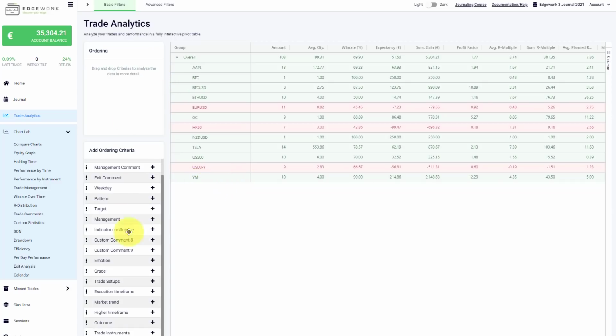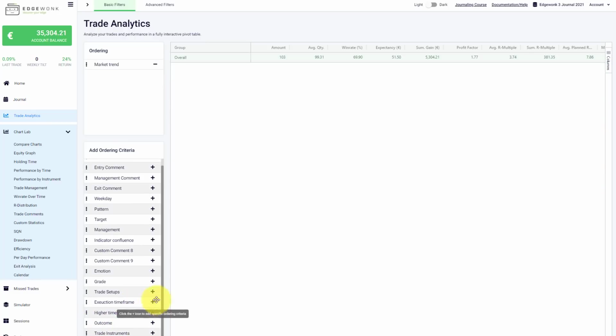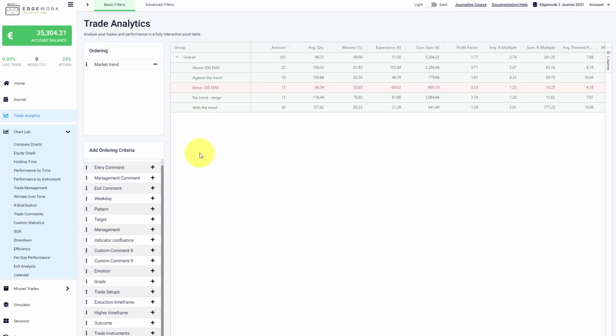And we can even dig deeper. For example, this trader is tracking the higher time frame or the market trend. So let's look at the market trend and how this may be impacting trading performance. And here you can see most of it is all green, which is good, but if he's taking trades where the price action is below the 200 period EMA, he is losing 70 euros per trade on average, amounting to a huge loss of 900 euros total.